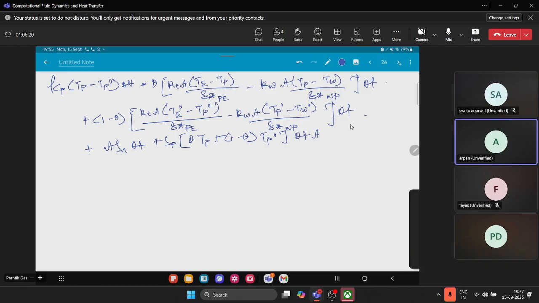One thing you may ask is that initially I said it to be A delta V equal to SU plus SP TP, but now all of a sudden I'm writing A delta X equal to SC plus SP TP. I have no problem with both of them, but in the books I saw that they treat it in this manner.